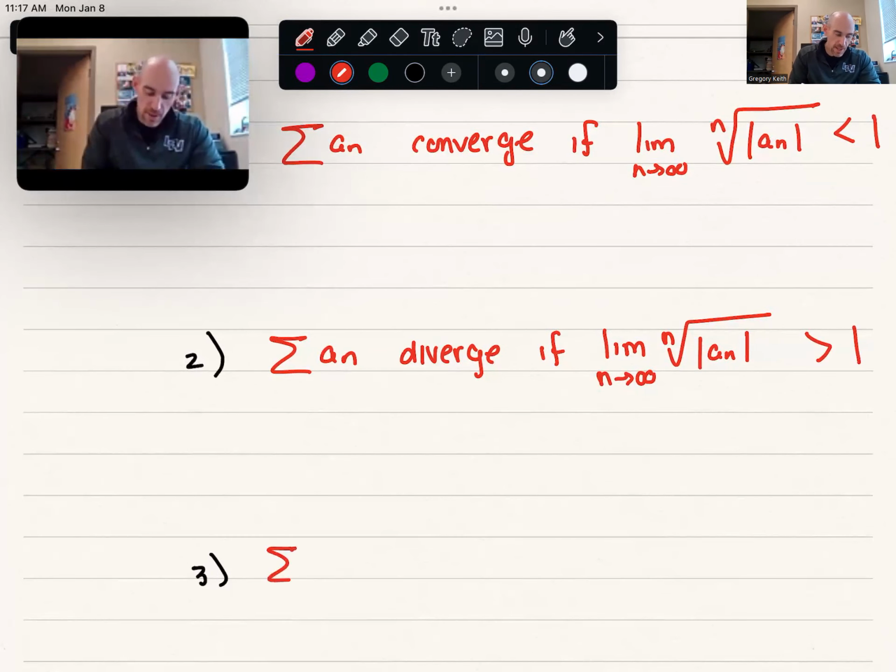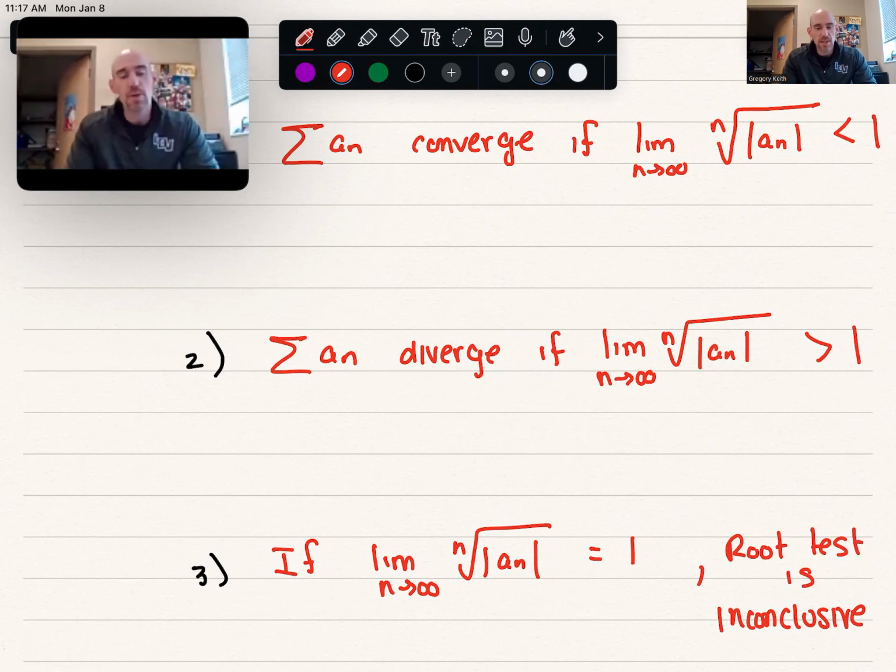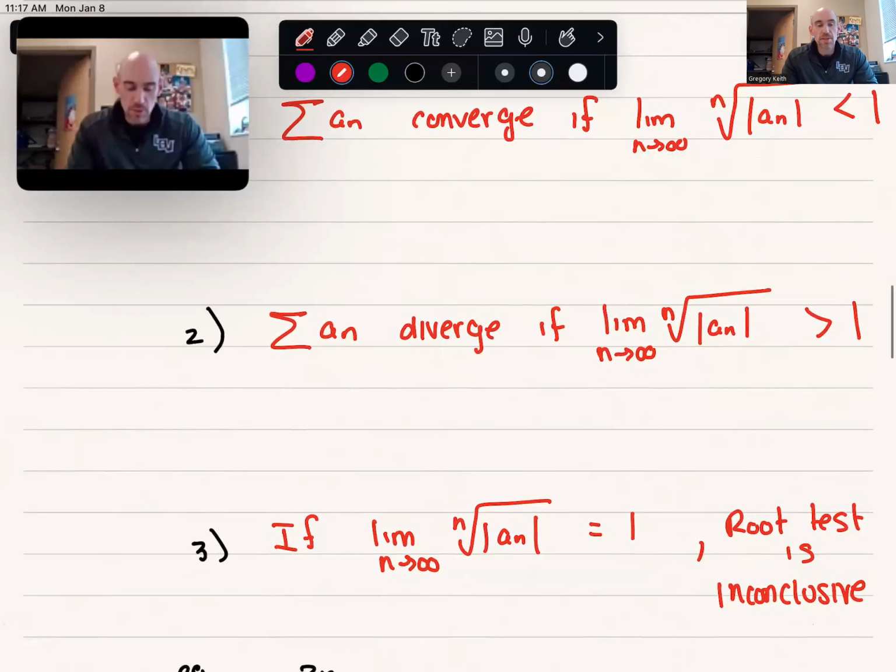And our last case: if that limit as n goes to infinity of the nth root of a sub n is equal to 1, the root test is inconclusive. Again, find another test. So if you get 1, you probably shouldn't use it in the first place.